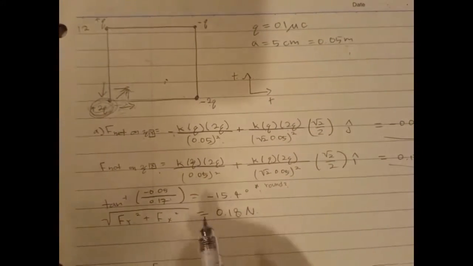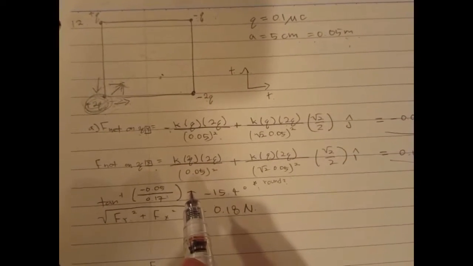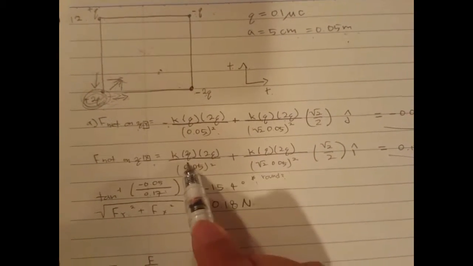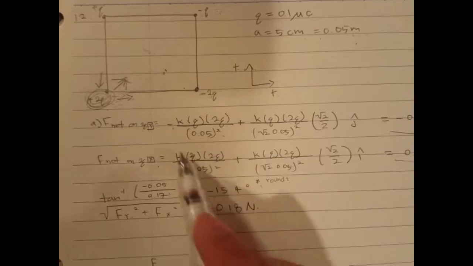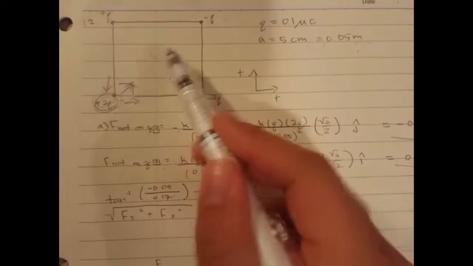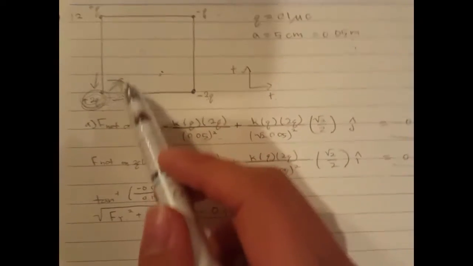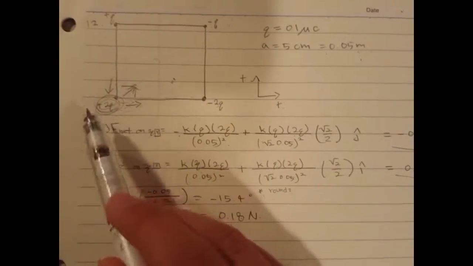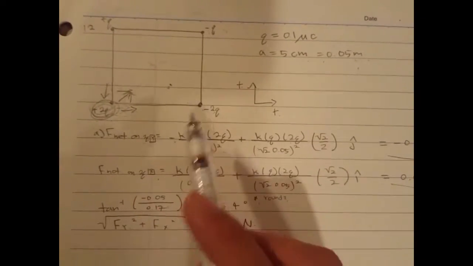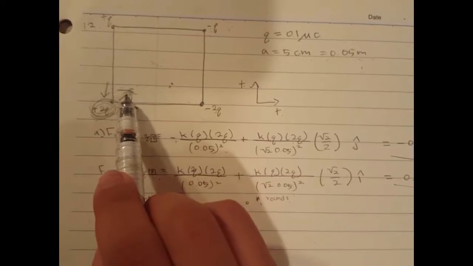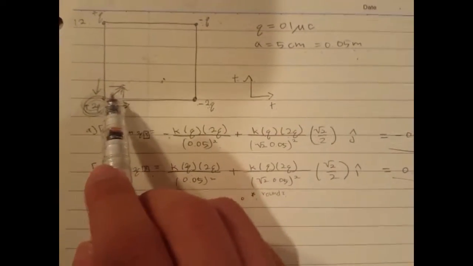Yeah, so we start out by doing the force between this and this, k q times 2q over the distance, 0.05 quantity squared, and then the force here is going to be k times q times 2q over square root of 2 times 0.05 quantity squared, times root 2 over 2 because we're looking at the horizontal component.